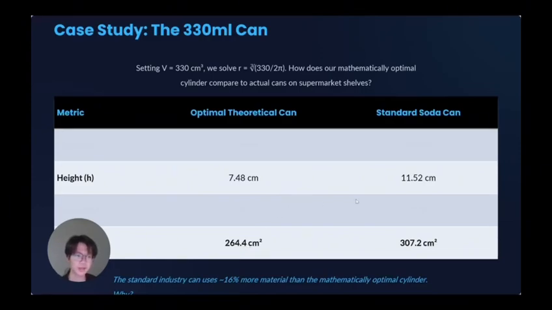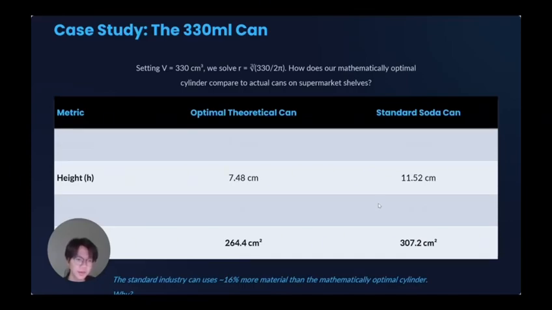Now let's look at the comparison table on the slide. We put our theoretical optimal can side by side with a standard commercial soda can you can buy in supermarkets. The real can has a smaller radius of 3.30 cm and a much taller height of 11.52, with a height to diameter ratio of 1.74 instead of 1.